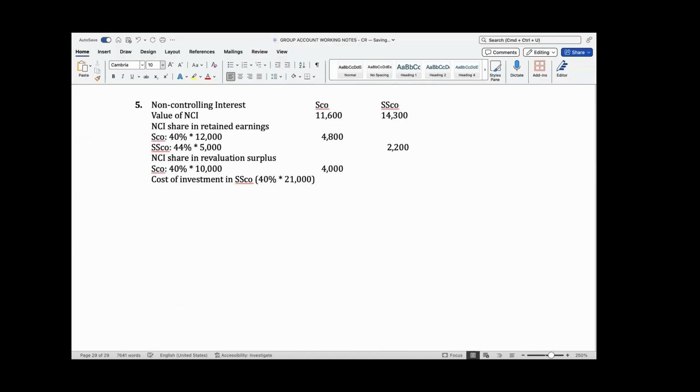And how much is that? 8,400. Should be an outflow. So let's sum it together. 12,000.